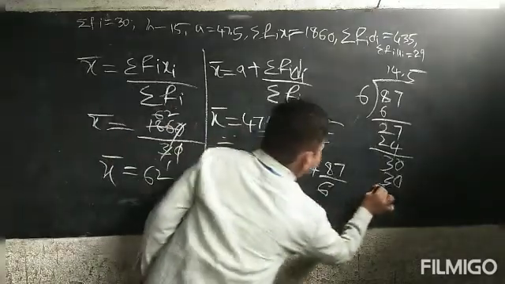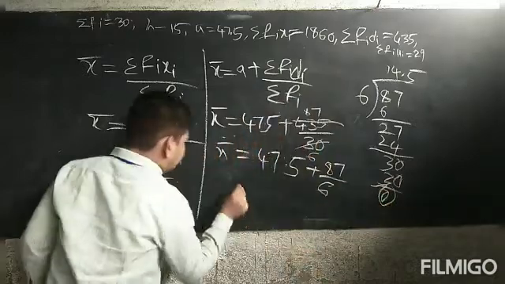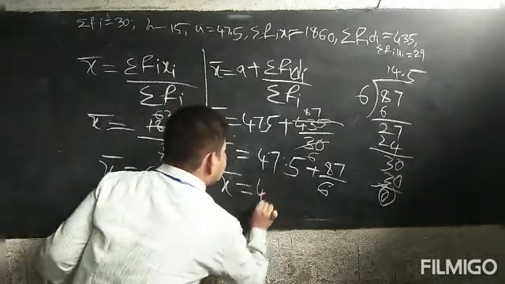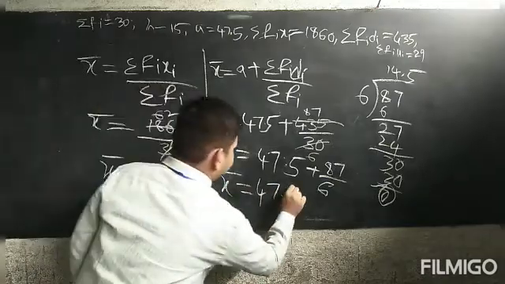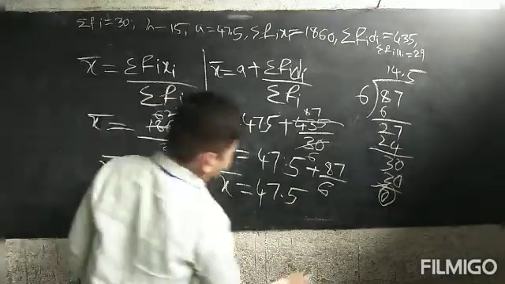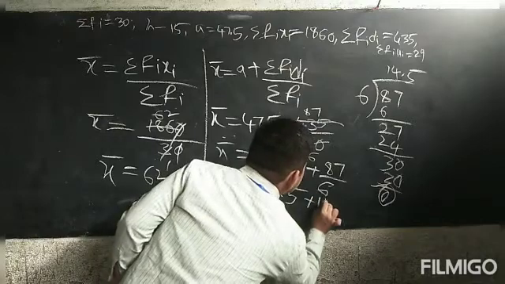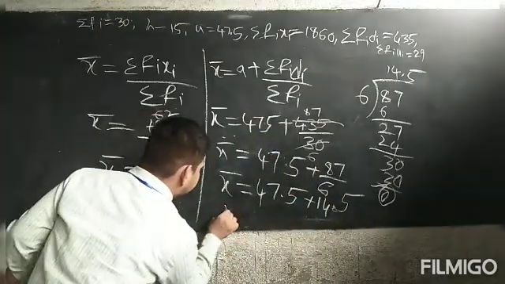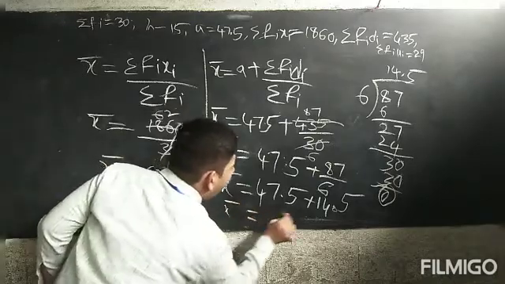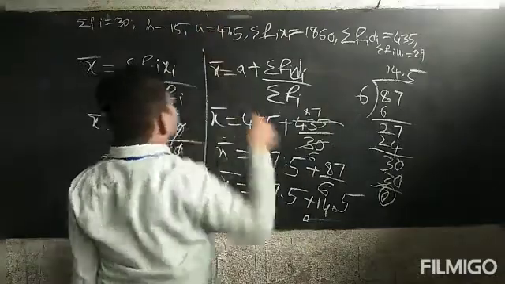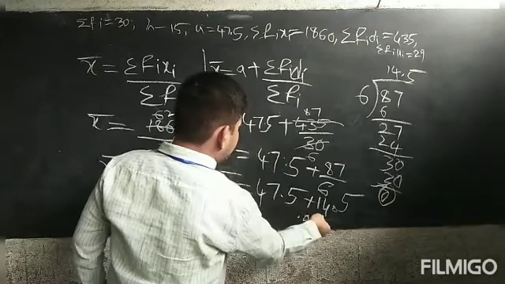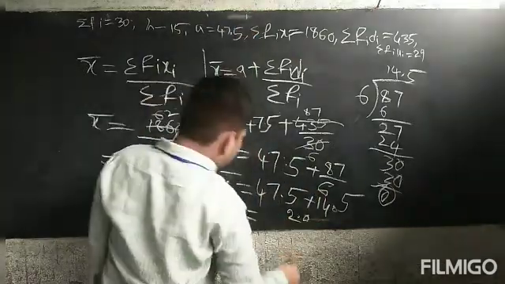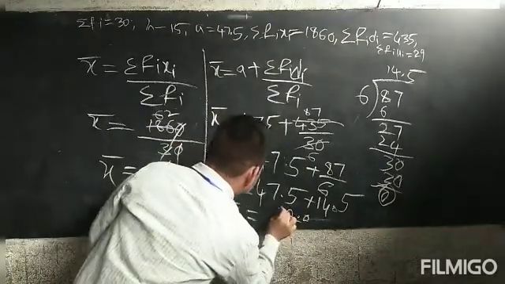So x bar equal to 47.5 plus 14.5. Adding: 5 plus 0, 7 plus 4 is 11, 4 plus 1 is 5, 5 plus 1 is 6.